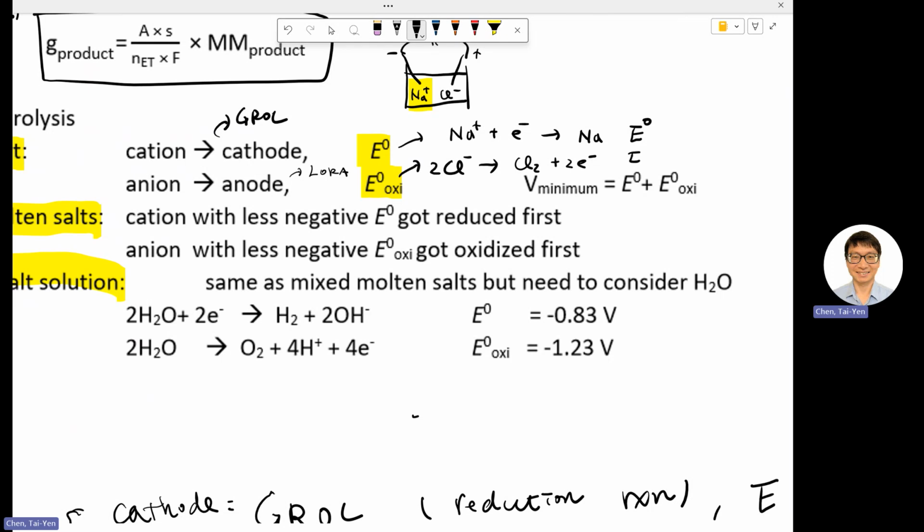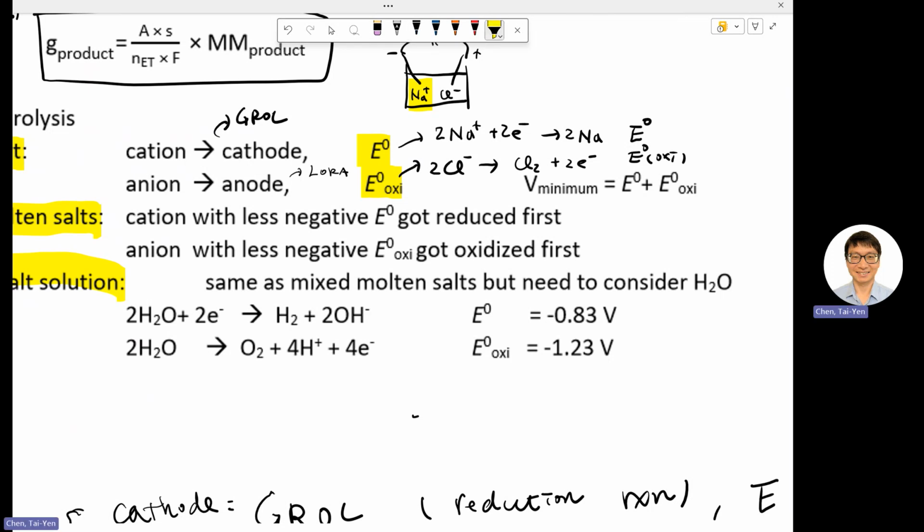Here you will need to know the oxidation potential of this half reaction. To make sure the electrons are the same, you multiply by 2 here, so that when you write out the equations, you have a consistent number of electrons in both your oxidation and reduction.